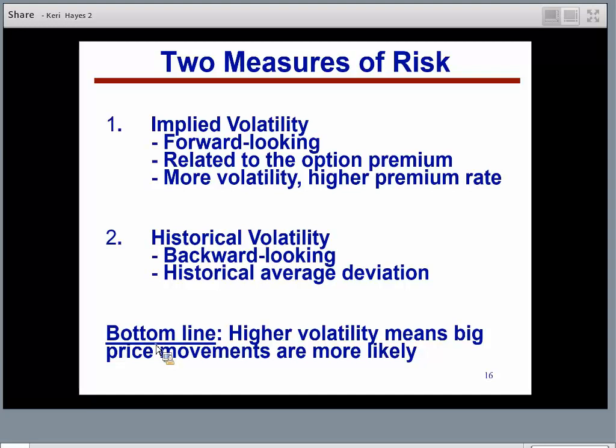The other one is historical volatility, which just tells us how much prices are moving. Bottom line is these two mostly move together. Sometimes they don't, but for the most part they move together. In general, higher volatility just means big price movements are more likely, or big price movements have been occurring with more regularity.